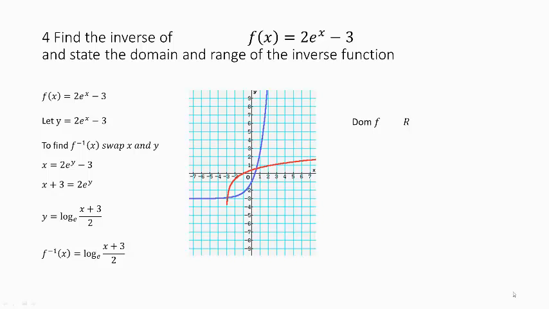Now here's our graph. The blue graph is the first graph, and the red graph is the inverse. So let's consider the domain and the range.